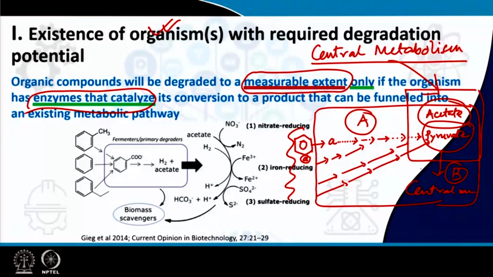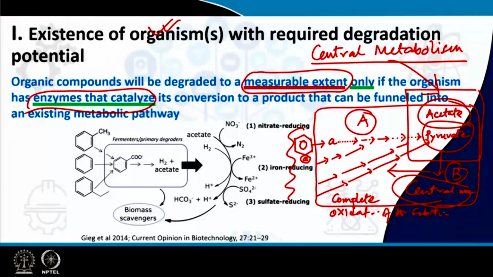For example, you possibly all know about the citric acid cycle or the TCA, tricarboxylic acid cycle, where pyruvic acid or acetate molecules can be completely metabolized to carbon dioxide, producing lots of energy as well as other intermediates like succinic acid and alpha ketoglutarate, which can be utilized in other cellular biosynthetic reactions. So, the central metabolism is allowing the complete oxidation of the substrates.